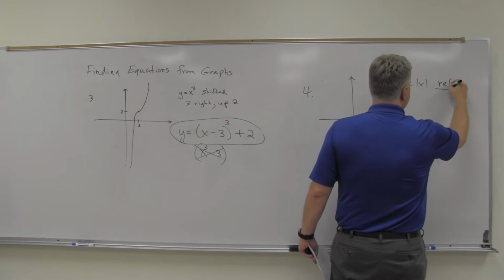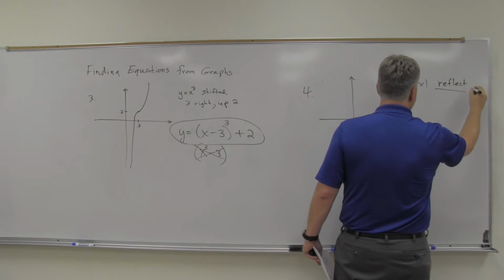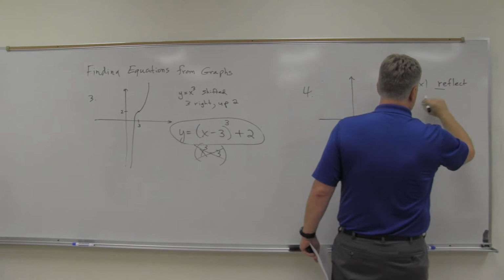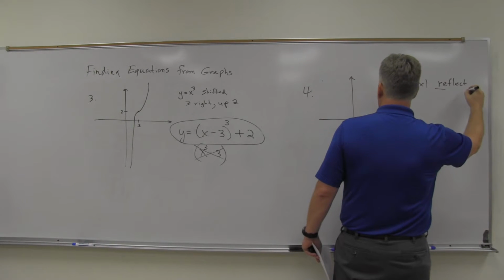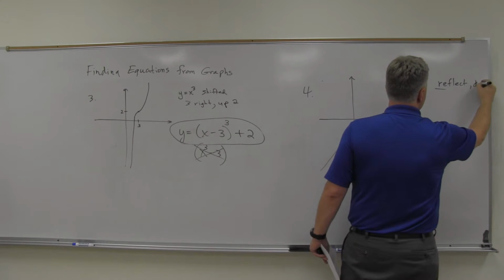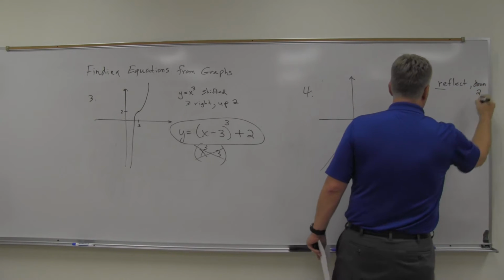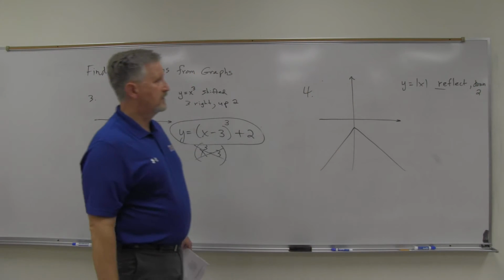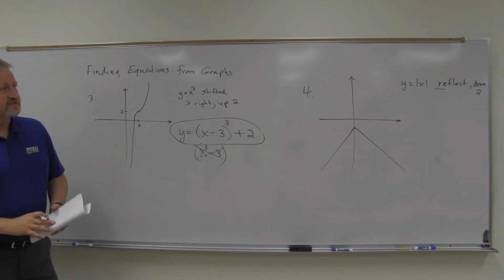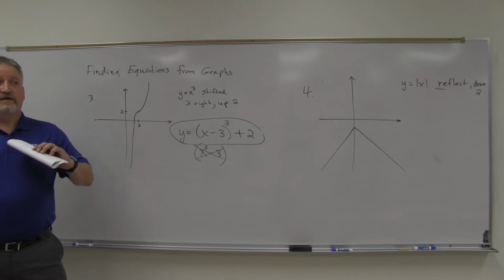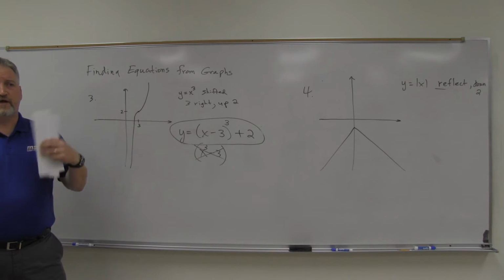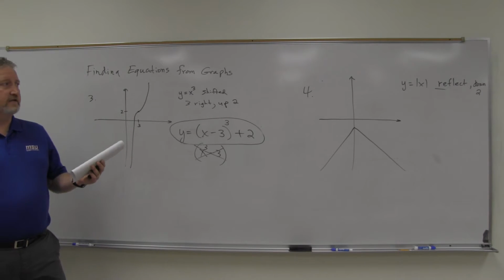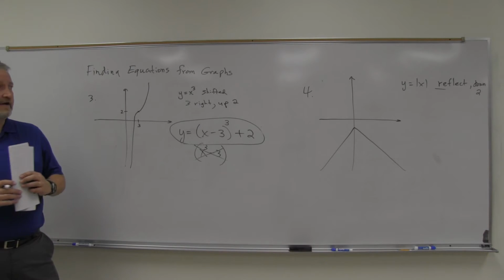Now, let me just tell you here, the order does make a difference. Because the order here is I reflect it and then I move it down 2, right? Not down 2 and then reflect it. That would be a little something else, and maybe I'll do that one here.